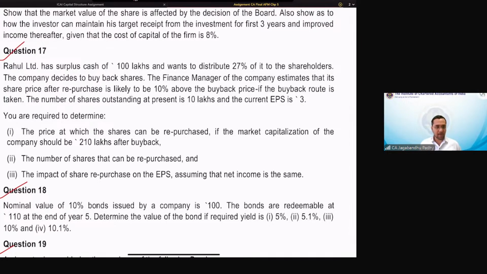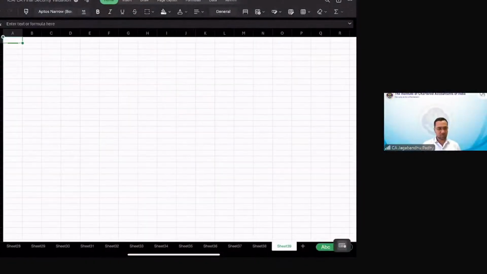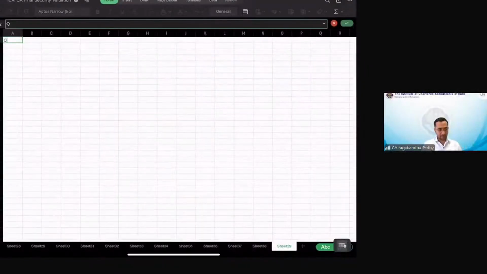After buyback, the market capitalization will be the after-buyback price into the original number of shares minus the shares bought. Do we know the number of shares outstanding? Yes, which is 10 lakh. So this is our question number 17.